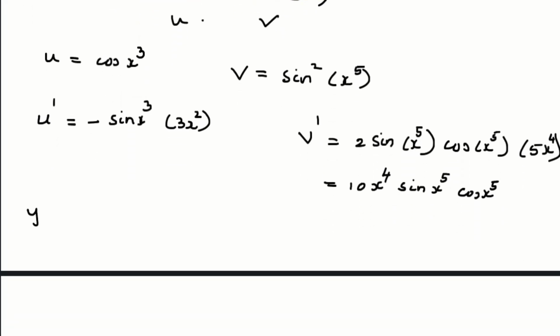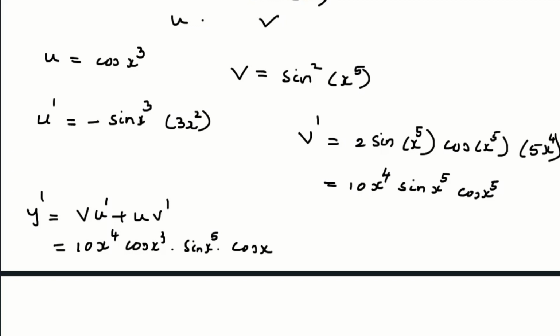So y dash is what? v u dash plus u v dash. So just apply the formula and get it done. So it is v u dash, first term negative. So I am going with u v dash, cos x cube. So it is 10x power 4 cos x cube into sin x power 5 into cos x power 5 and v u dash.